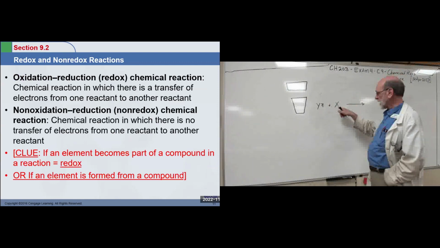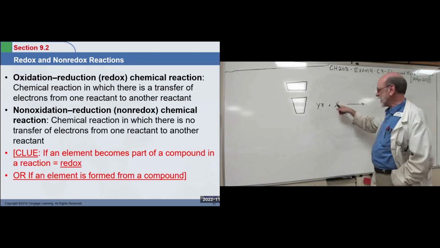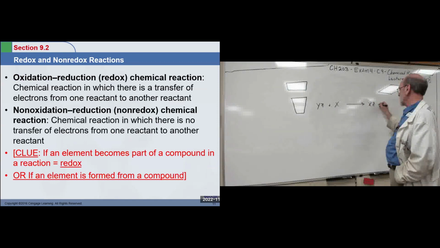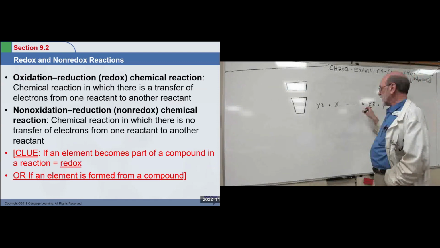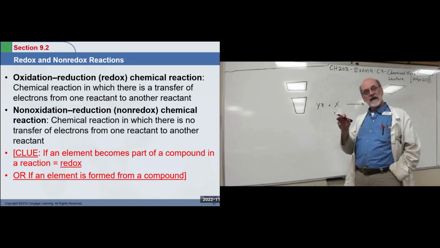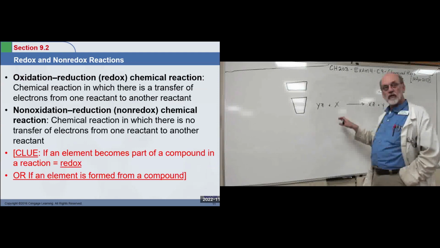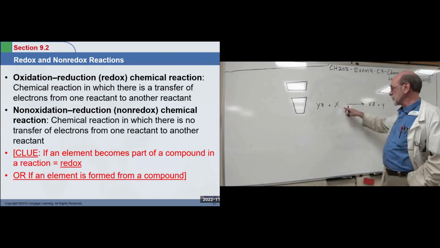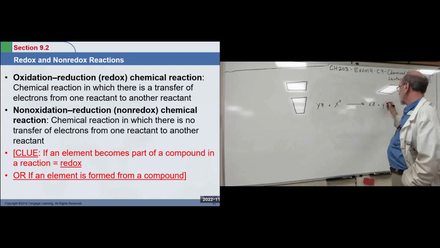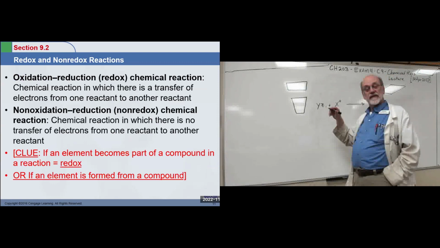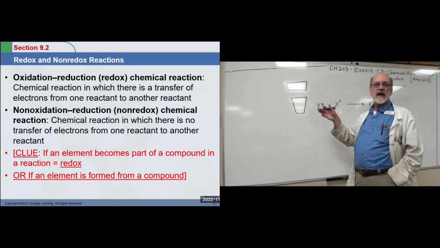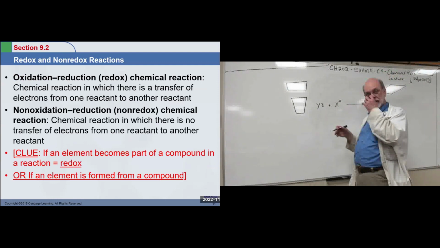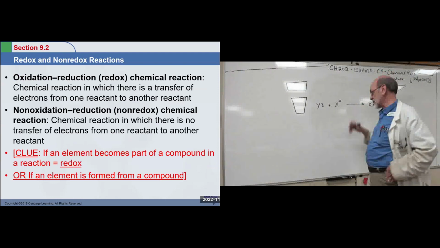If there's an element on this side, and that element is in a compound on the other side, so let's say it's XZ plus Y, then there has to be a transfer of electrons. So this single replacement is also a redox, because all elements have zero charge. And when they're in a compound, they're either charged or they have a slight charge. If it's a covalent compound, then there will be some imbalance. But electrons must be transferred in order for this to happen.